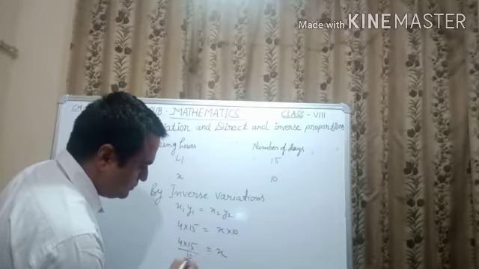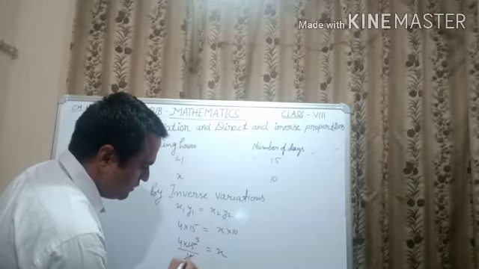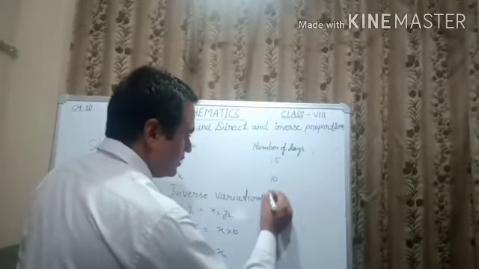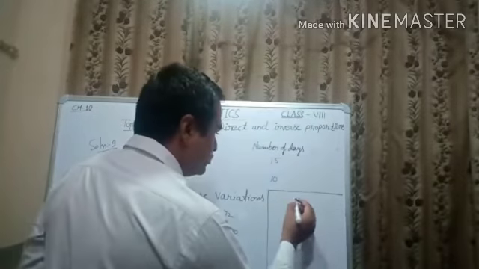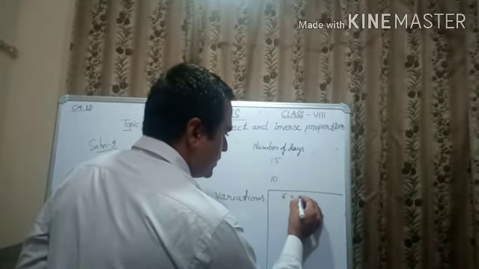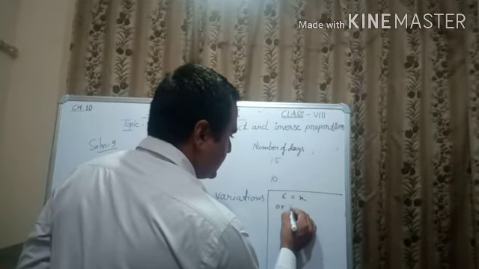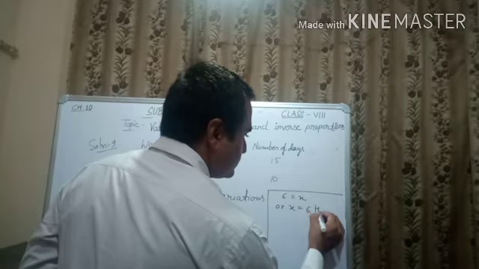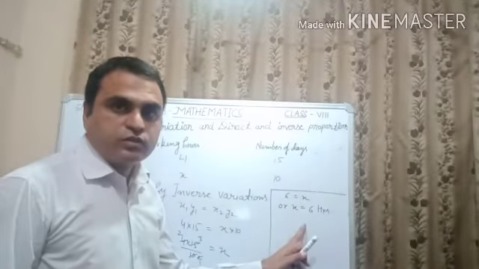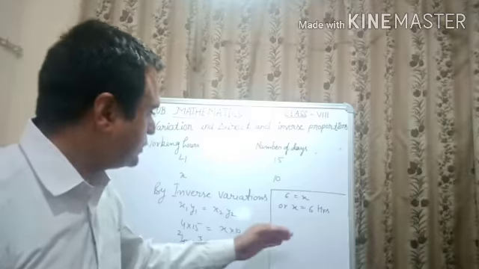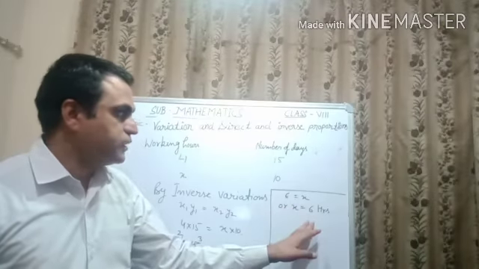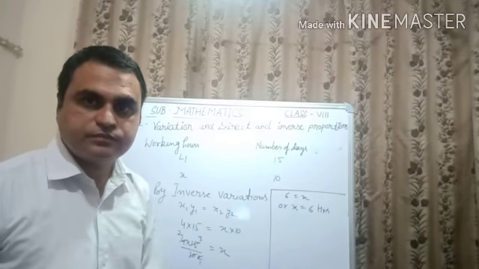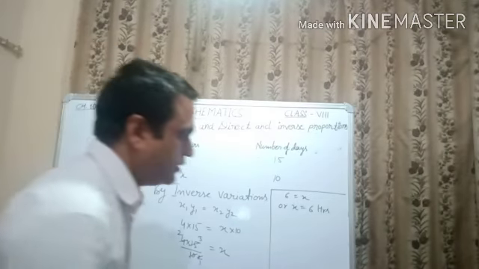Convert into simplest form. 5 3s are 15, 5 2s are 10, 2 1s are 2 and 2 2s are 4. I am solving the question here. 3 2s are 6. 6 is equal to x, or we can also write x is equal to 6 hours. So if she works 6 hours, then she can type the manuscript in 10 days. Okay, we get our answer.